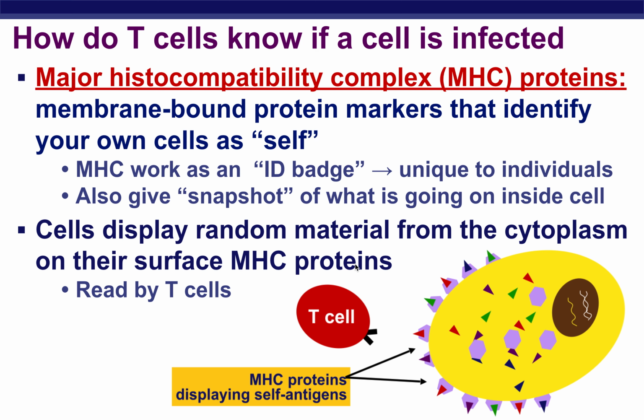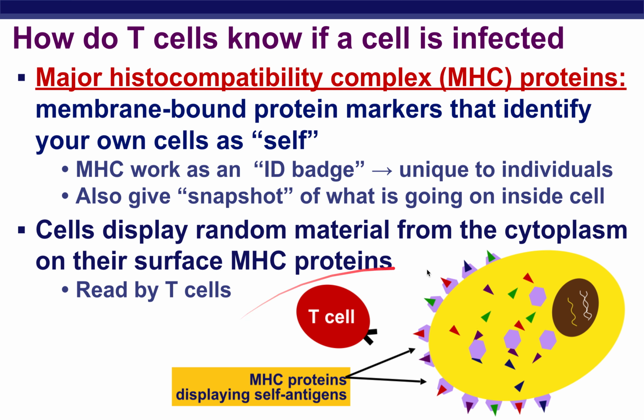Another side effect of those ID badges is that it turns out they're not just ID badges. Those MHC proteins are required to randomly show a snapshot of what's going on inside the cell. Those MHC proteins actually display random stuff from the cytoplasm, from the insides of the cells, onto the surface of the cell.